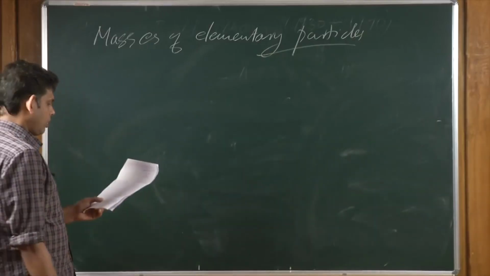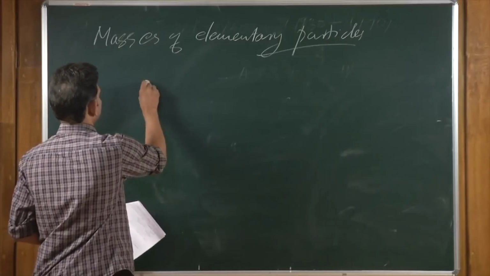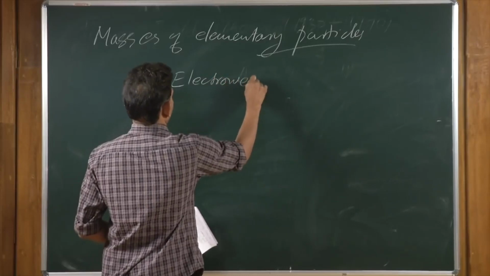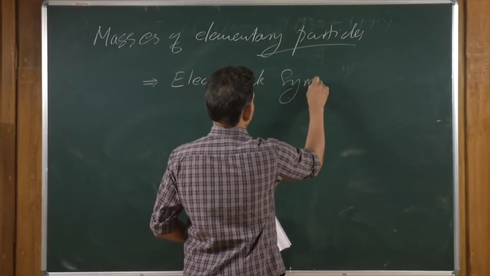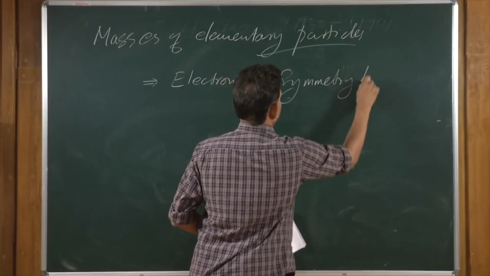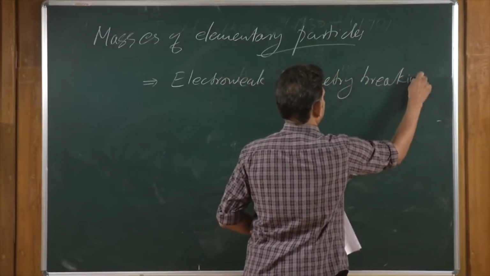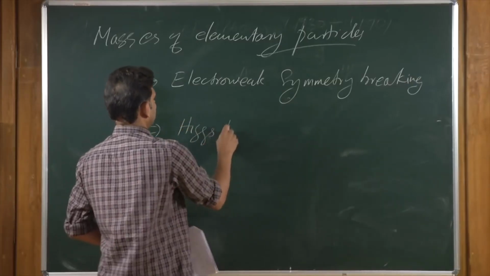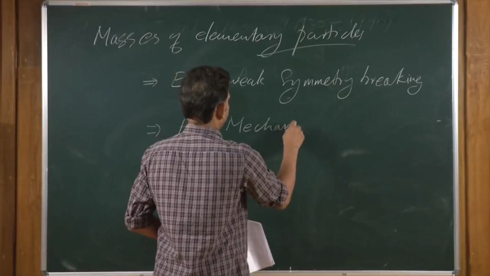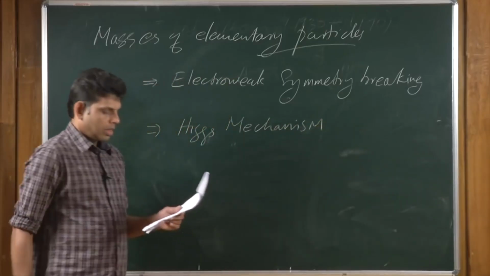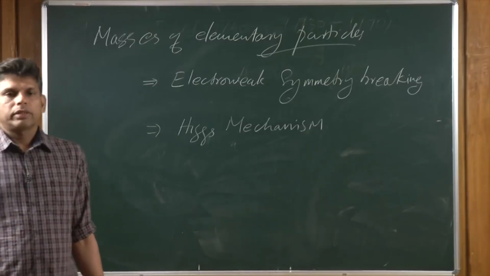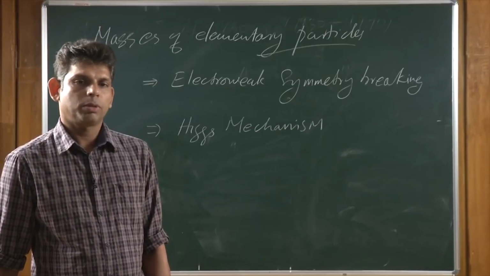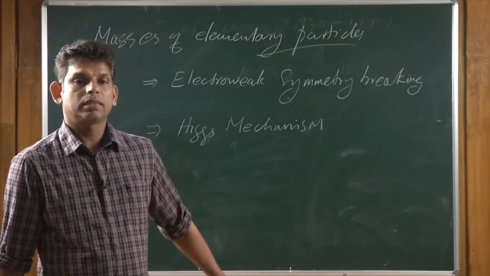Now, for this we will need something called electroweak symmetry breaking and the Higgs mechanism. So, I am just giving you the words, as without describing it, it does not really make too much sense, but let me at least just name them.